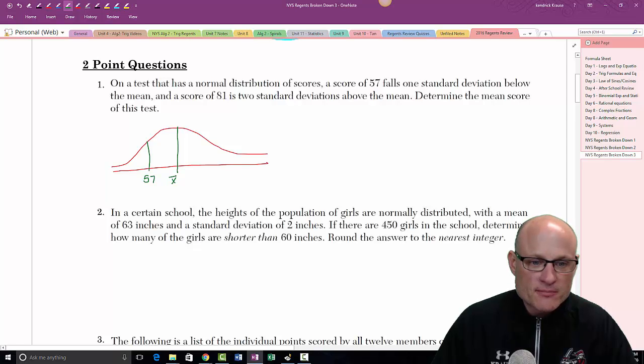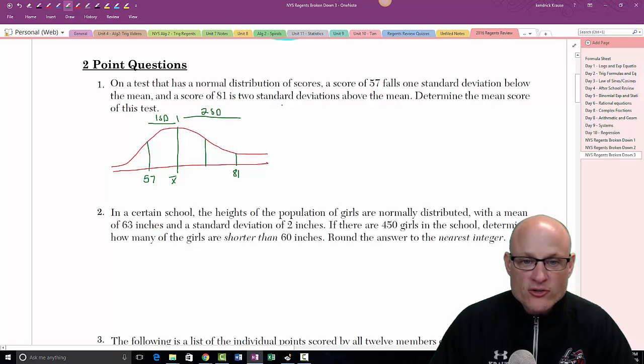So here's our X bar. And a score of 81 falls 2 standard deviations above the mean. So this is 1 standard deviation, and from here to here is 2 standard deviations. So from 57 to 81 is 3 standard deviations.